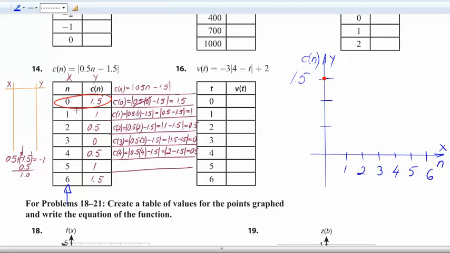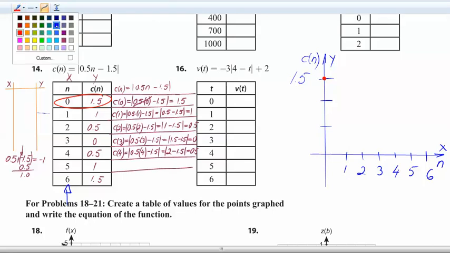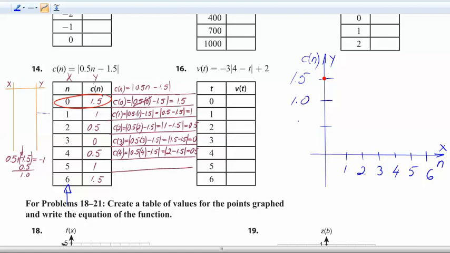X is 1, right? We're here. Y is 1. So 1 and 1. Now I forgot to label, right? That's 1.5. This is 1.0. This is 0.5, right? And obviously the origin will be right there.